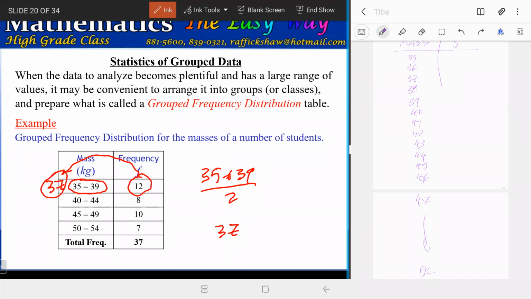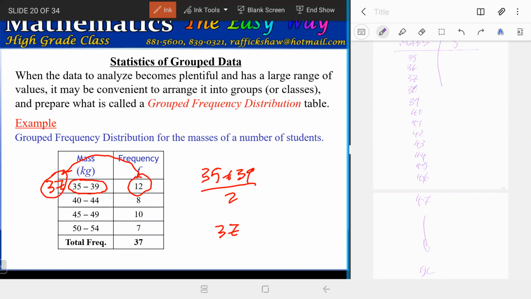That's an assumption you'll have to make, for example, when you're calculating the mean. So you use the midpoint value, 37, to represent all the students in the group, and maybe none of them measure 37 in fact. But you have to use 37, the midpoint value of the group, or you can call it the average value of the group, to do your calculations.